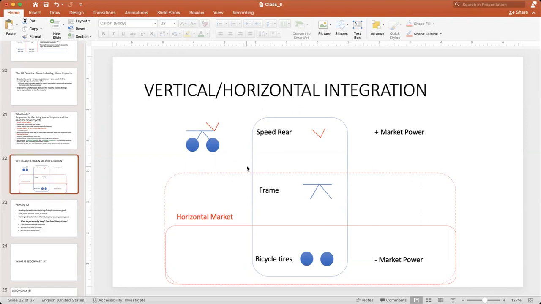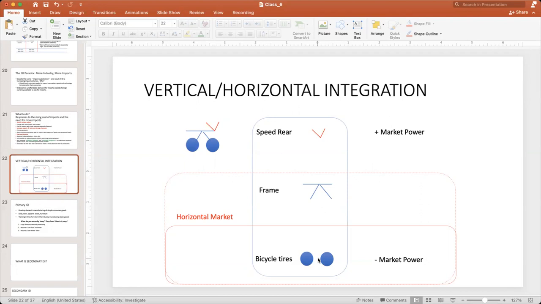However, we could start producing only the bicycle tires. Why? Because these bicycle tires don't require high levels of technology, high levels of investment, and high levels of human capital. So we could move low-skilled labor to produce the tires.